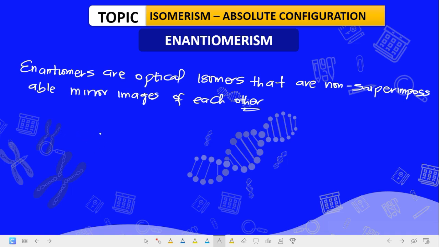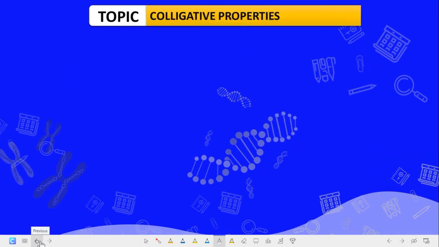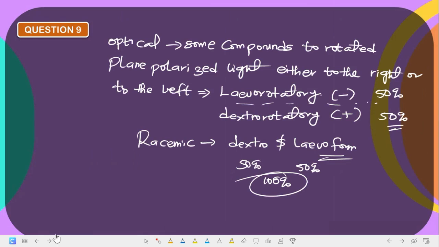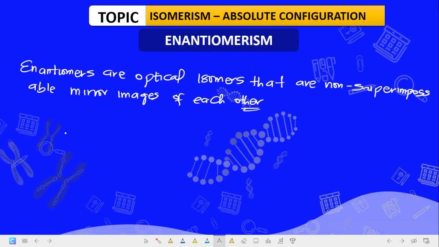Now for instance, let's take the R and S forms. What did we do for the R and S forms? Okay, Br, CH3, F, then hydrogen. Now let's say you have Br, CH3, F, then hydrogen.